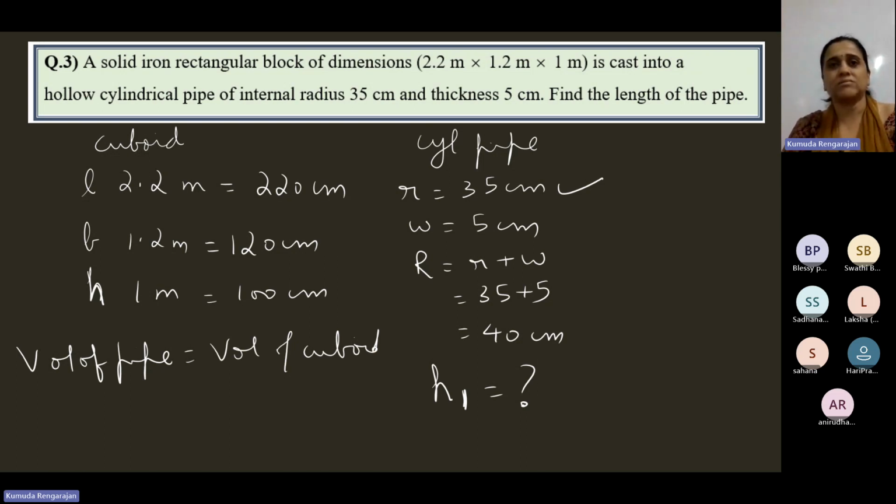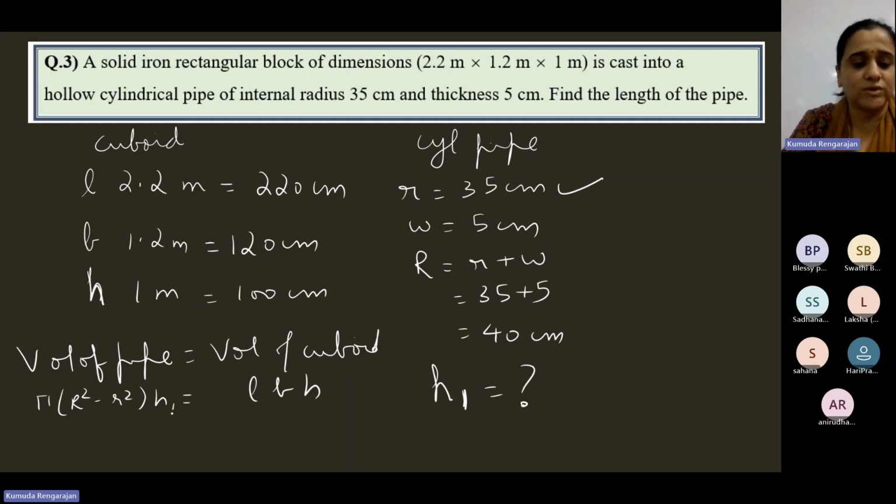Anyway, it's fine, but I normally keep in the LHS wherever we have to find. So here in the pipe, we have to find the height, right? So I've kept the pipe on the left-hand side. Volume of the pipe is equal to volume of the cuboid. What's the volume of the pipe? Pi (R square minus r square) into H is equal to LBH. Okay, here this H1.